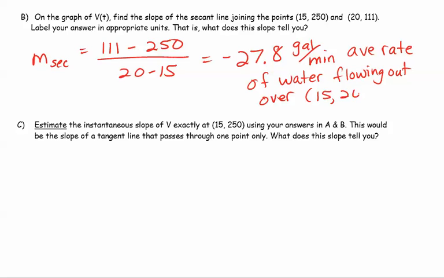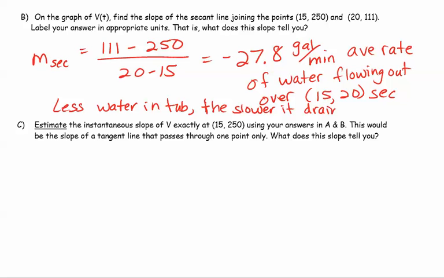And why is it different? Well, apparently in this problem, when there's less water in the tub, the slower it drains. Less water, the slower it drains. Completely hypothetical, by the way.